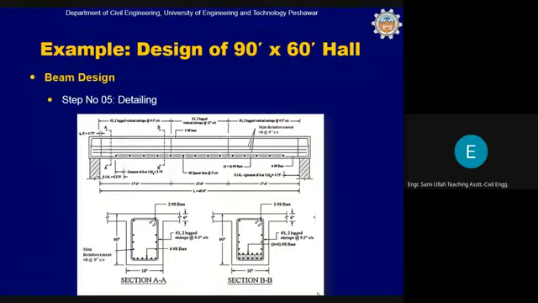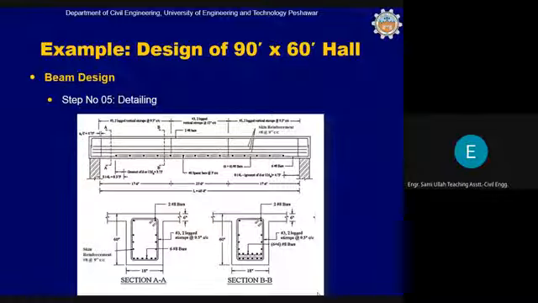The bending moment was calculated using wu L square by 8, and then you designed the beam yourself, because it was a very simple beam. But the only difference is that you also learned the skin reinforcement in this example. Skin reinforcement was also very simple. You can calculate skin reinforcement by just dividing the total reinforcement by 2, and you can provide the skin reinforcement as shown in this slide.